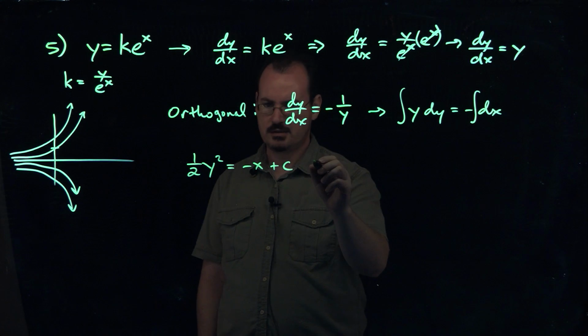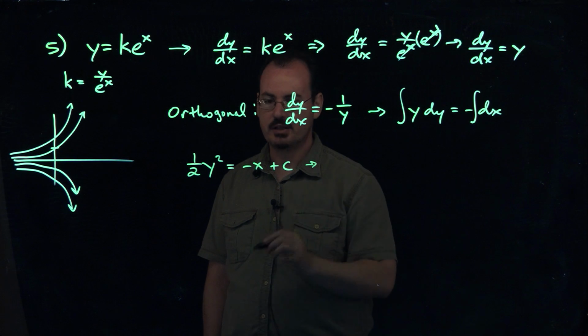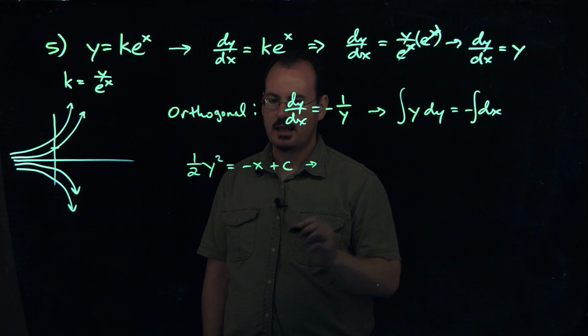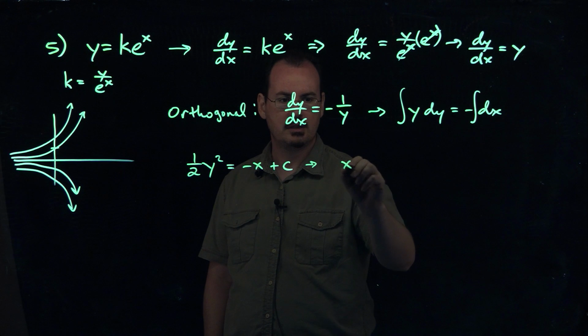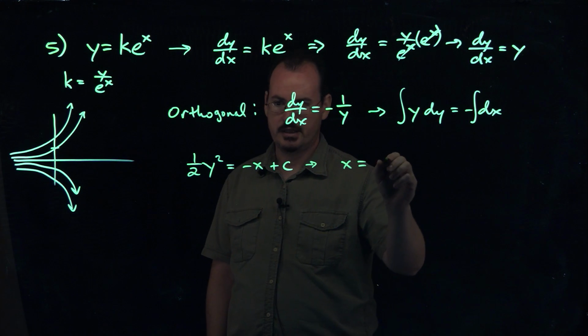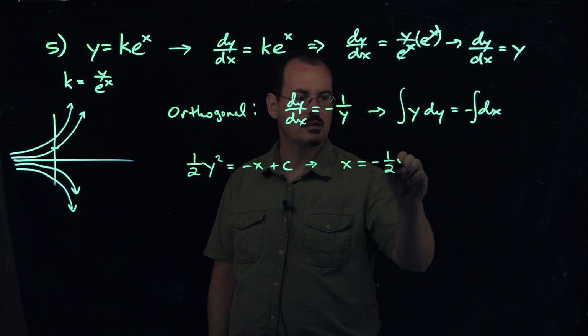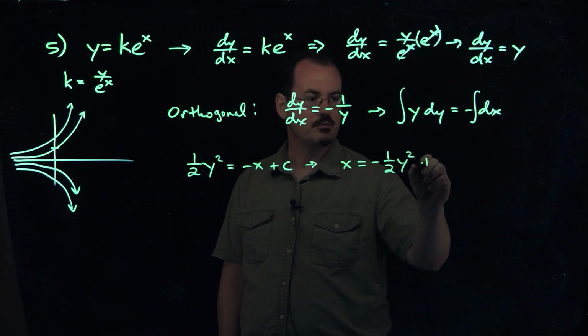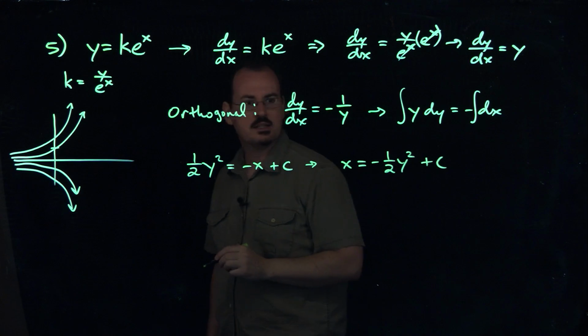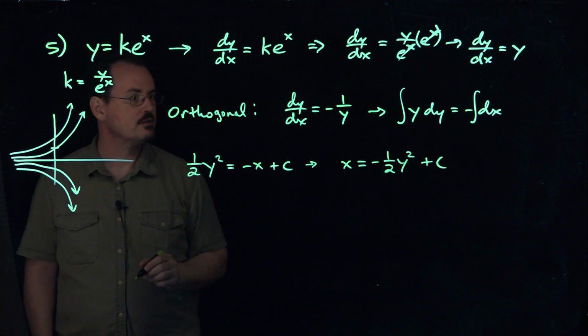Now if I solve this thing for x, that's probably the best way to do this. I'll get x is equal to negative 1/2 y squared plus some constant. Okay, and this is a fine way to leave this family of equations.